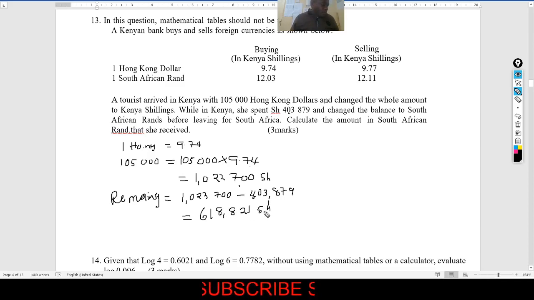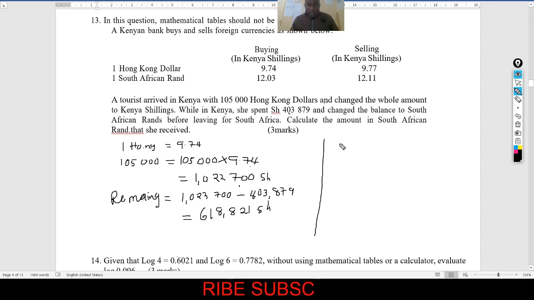And now we are told that he changed the balance to South African rand. Now we need to calculate the amount in South African rand that he received. This is in shillings, in Kenya, and if he takes these shillings to the bank, the bank is going to sell South African rand to him at 12.11.